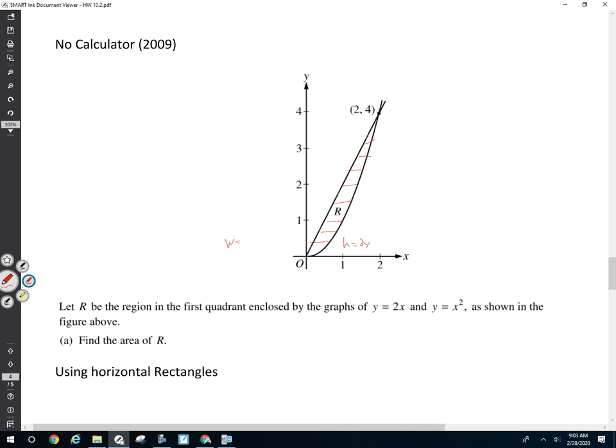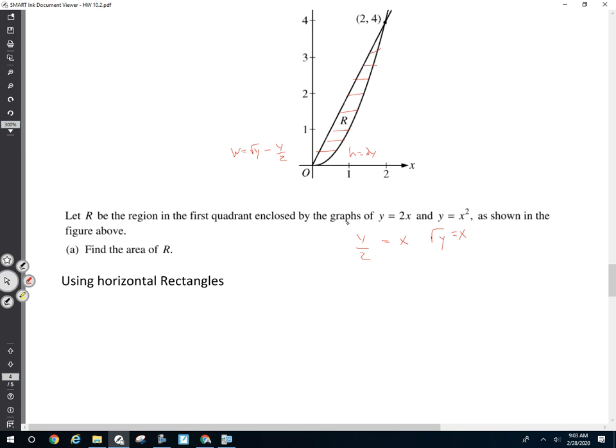The width is the right, which is the x squared function. So that's x equals a positive root y, because I'm over here to the right, not the negative root y. And then here, this x distance will be y over 2. So I got right minus left to get my width. So I got root y minus y over 2. I'm going from 0 to 4, root y minus y over 2.